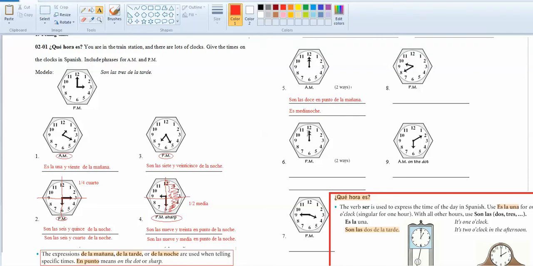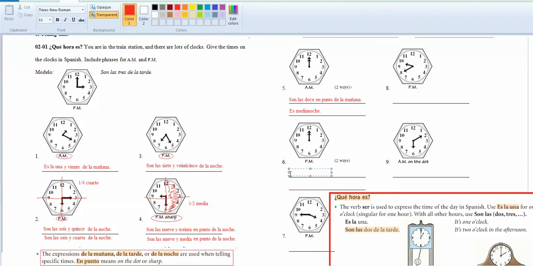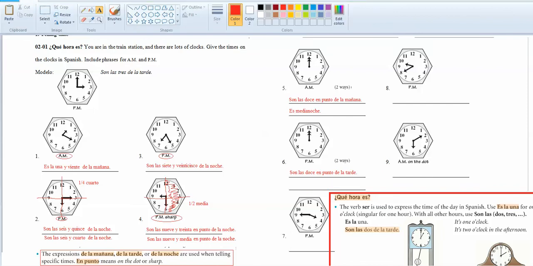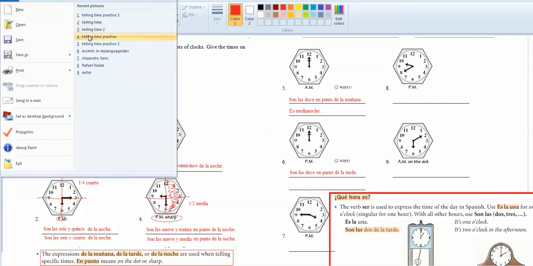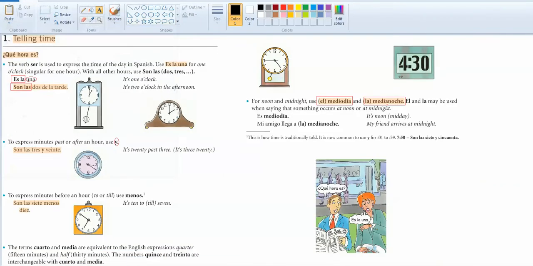Okay, down here we're doing the same thing, but now it's PM. So I could say it's 12, which would be "son las 12 en punto de la tarde," because it's 12 in the afternoon. Or I could say it's midday, which is "mediodía."